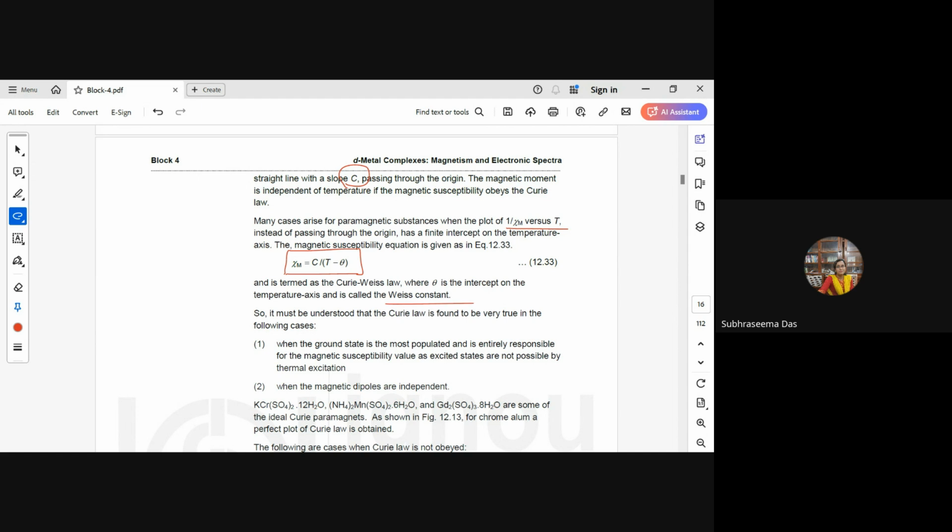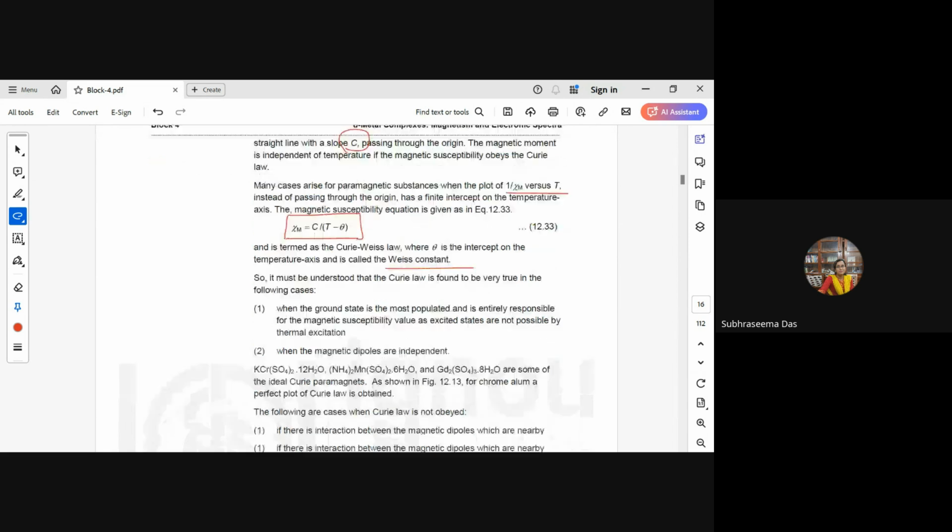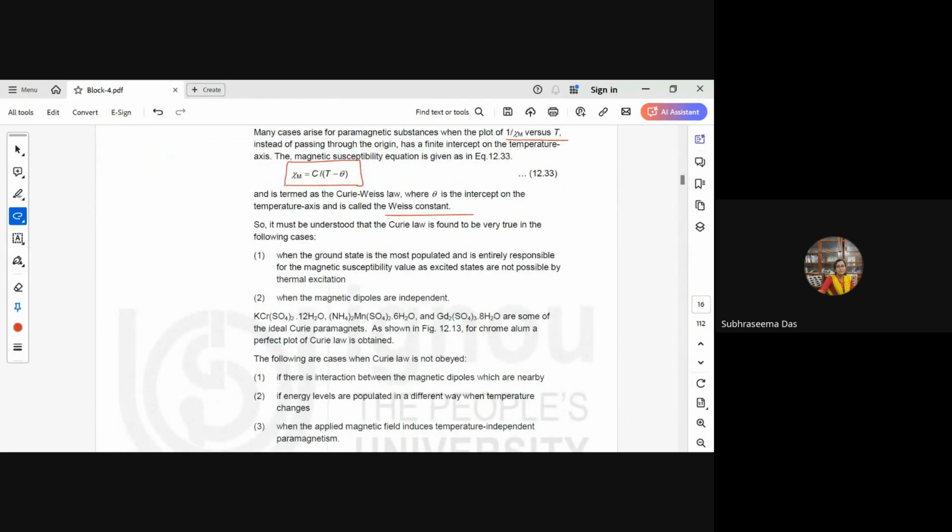In summary, Curie's law is found to be true in cases where the ground state is more populated and entirely responsible for the chi values, and excited states are not accessible by thermal excitation. In the second case, Curie law is very true when the magnetic dipoles are independent.